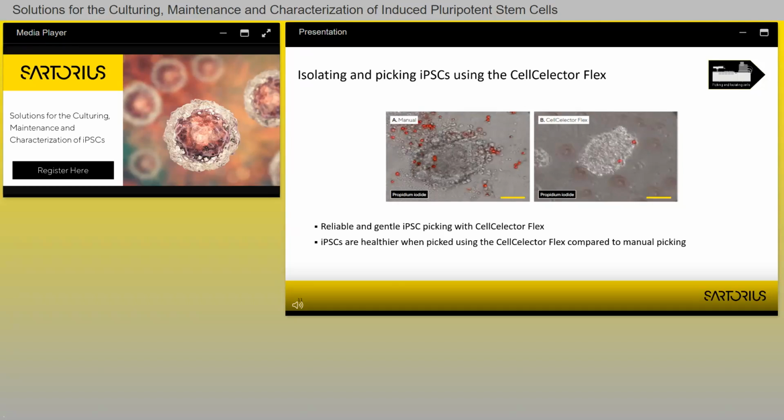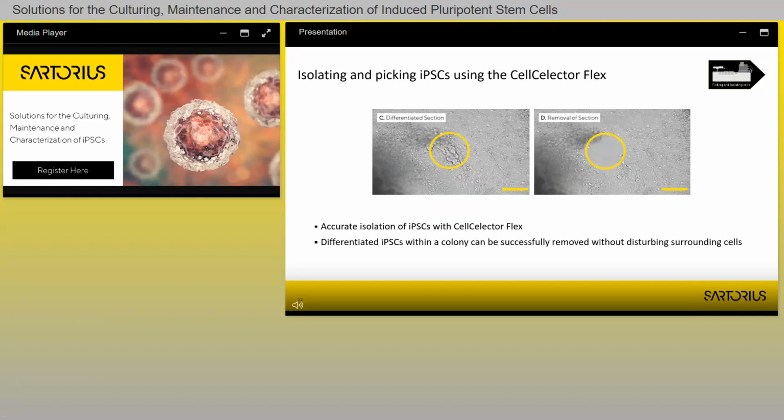What you can see from the images is that the manually picked iPSCs have far more dead cells stained with propidium iodide than the cell selector flex iPSC colony. This exemplifies the reliability and gentle iPSC picking with the cell selector flex. And as you can see, the iPSCs are healthier when picked using the cell selector flex compared to a manual iPSC pick.